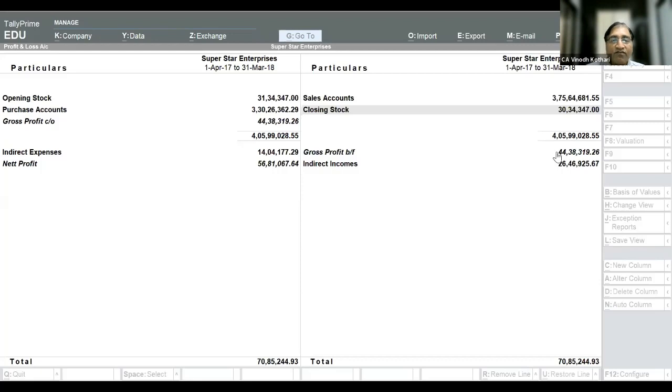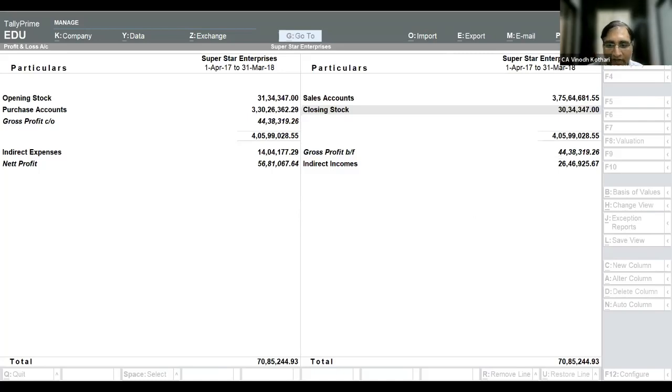Out of this, say 600 worth of stock, I have sold for 900 rupees. That means 300 rupees is my profit. What is the closing stock with me? The closing stock value with me is 400 rupees. So if I don't value this 400, my profitability will change.